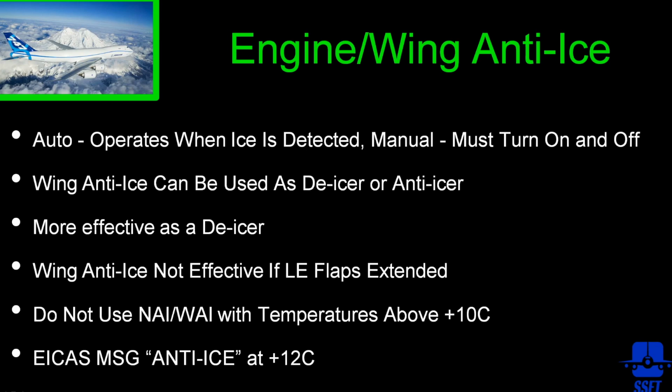In this airplane, it can be used as a de-icer or an anti-icer, but it's more effective as a de-icer, they say, which is more surprising actually. So they'd rather have some ice accumulation there before you turn it on. Of course, the wing anti-ice, if it's in the auto position, it's going to turn on when it turns on. So it takes care of that for us.